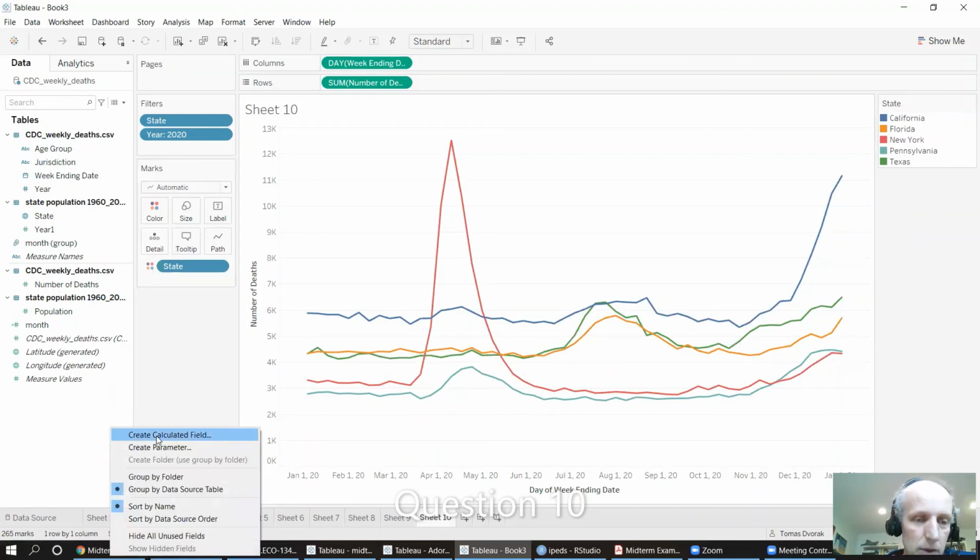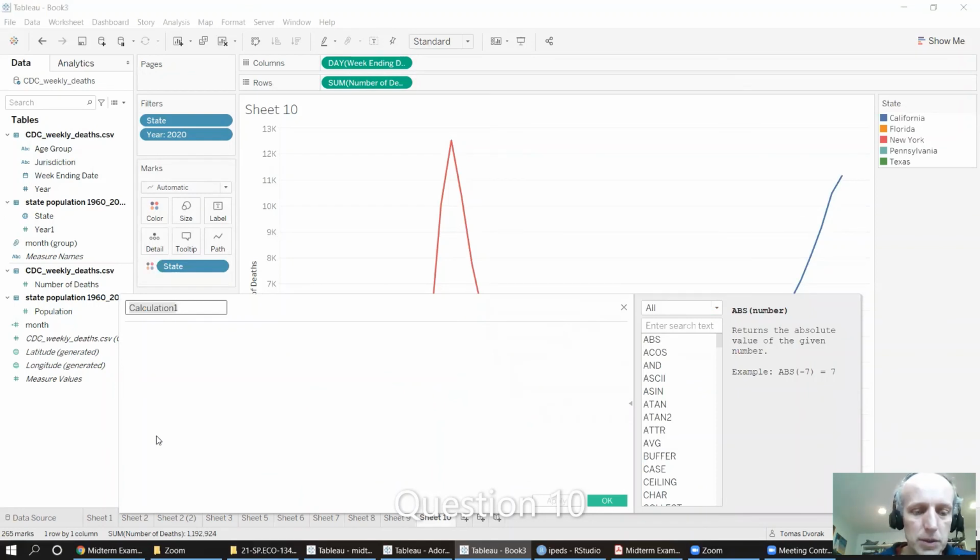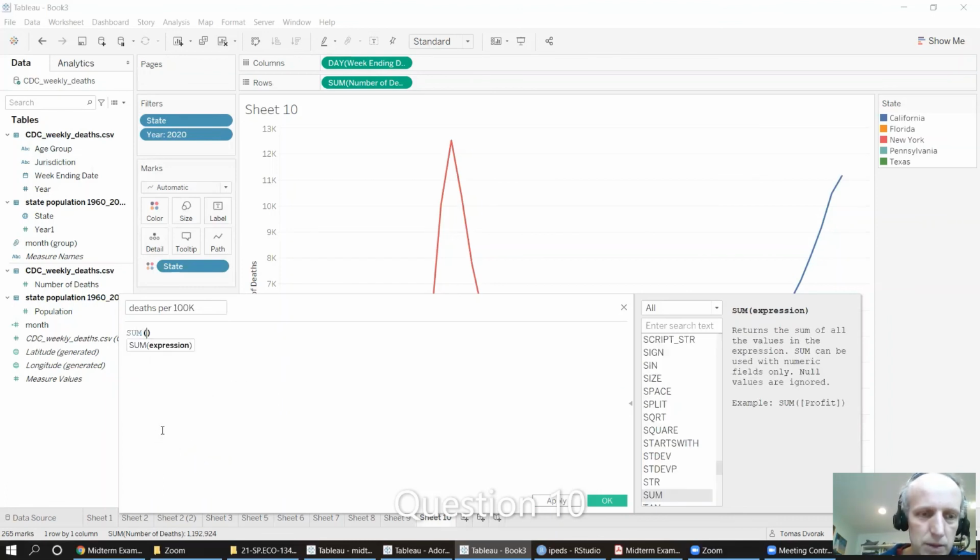I'm going to create a calculated field. I'm going to call it deaths per 100,000 people. We're going to add up the number of deaths, and then we're going to divide that. Now we have to think about what we divide it by.